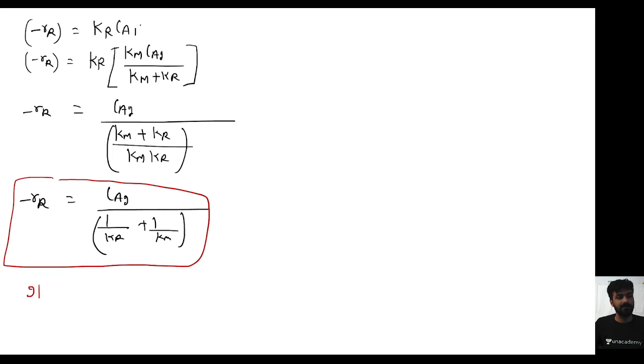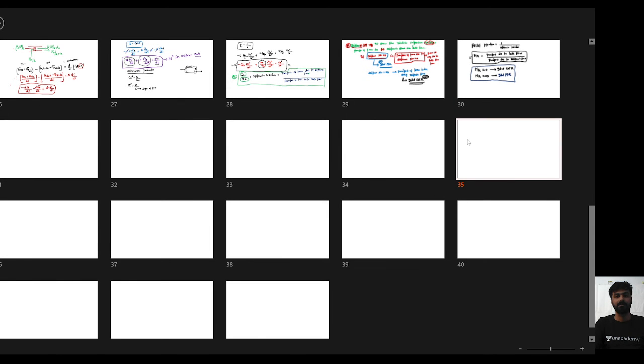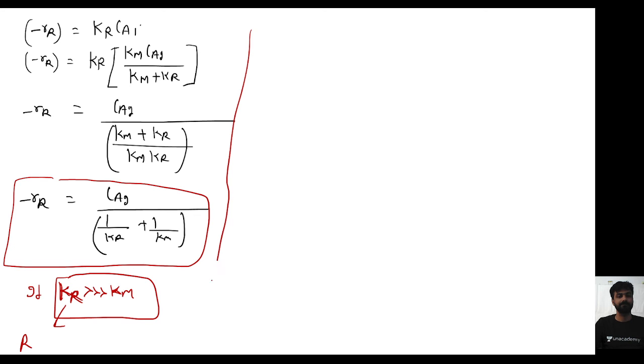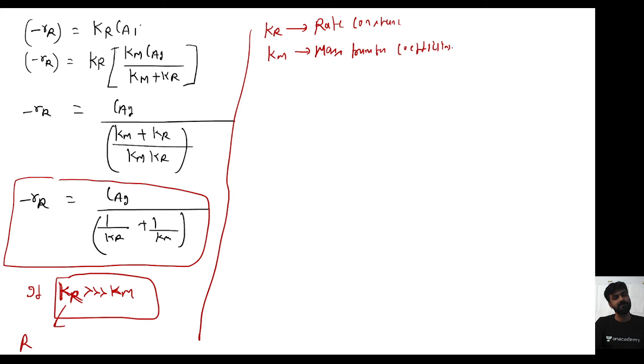If my rate constant Kr is very much greater than the mass transfer coefficient Km, here I am writing Kr as the rate constant and Km as the mass transfer coefficient.